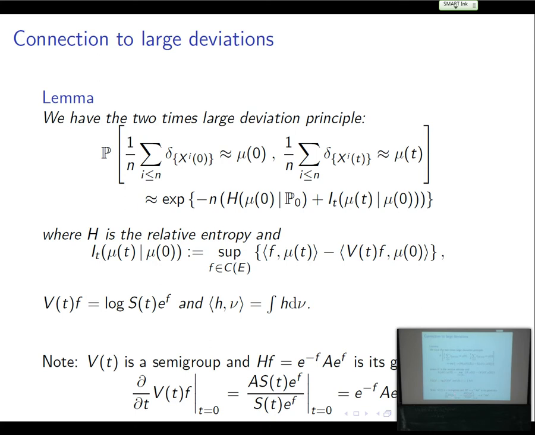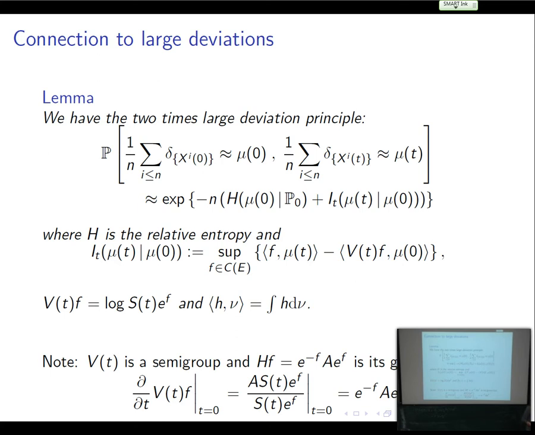I want to calculate again the derivative in time at t is 0. Essentially I use the chain rule because I have the logarithm. If I calculate this, I get the following quotient by the chain rule. And I use time t is 0, and I get the following expression. So I get the generator of the linear semigroup, then I plug in e to the power f, and I multiply by e to the power minus f.